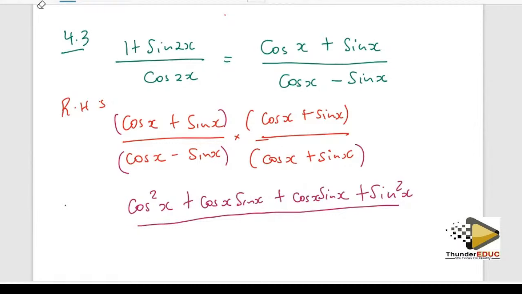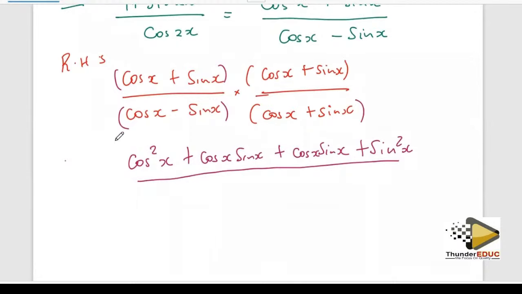Let me not skip. People will be asking why are you running? So cos and cos is cos squared x. Cos and sine is plus cos x sine x. The negative sine and cos is negative sine x cos x. The negative sine and positive sine is negative sine squared x.